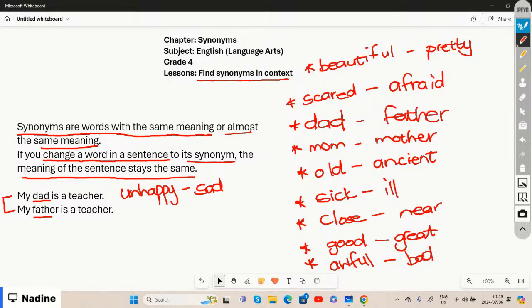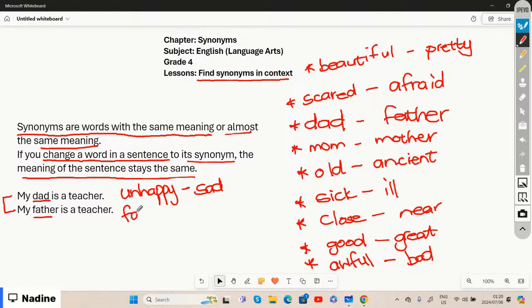I felt unhappy when my granny went to hospital. Or we could say I was sad when my granny went to hospital. So sad and unhappy is the same, right? It basically shows or tells us how one feels, right?